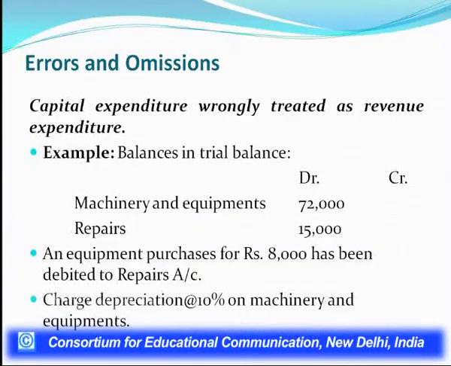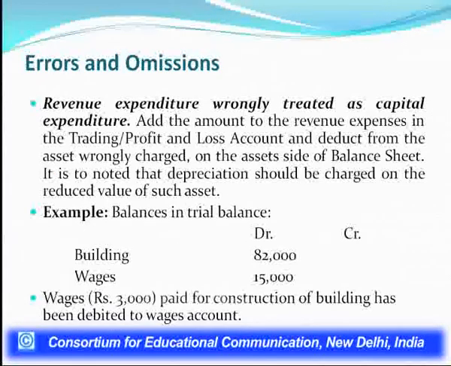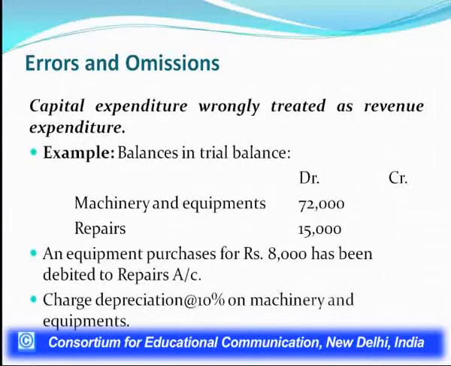So, we have to rectify it. Another adjustment has been given: charge depreciation at 10% on machinery and equipment. So, first we need to rectify the first adjustment, that is the wrong treatment of capital expenditure as revenue expenditure. In this case rupees 8,000 shall be added to the machinery and equipment on the asset side of the balance sheet. So, that amount will become 80,000, because 72,000 is the opening balance and 8,000, the purchase of equipment, shall be added. Then we shall charge depreciation at 10%.